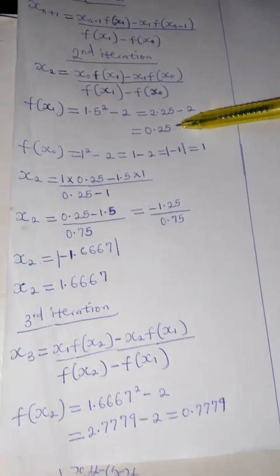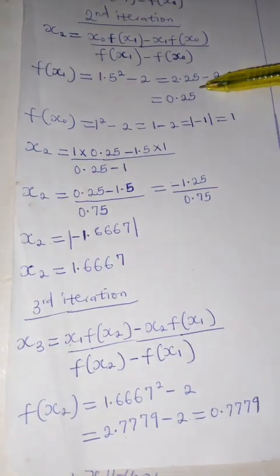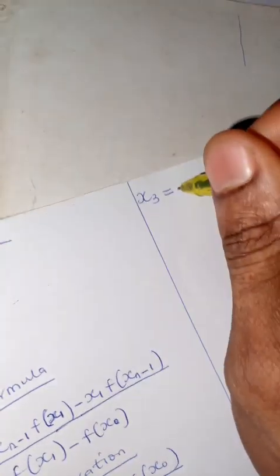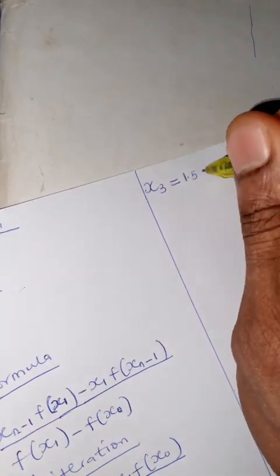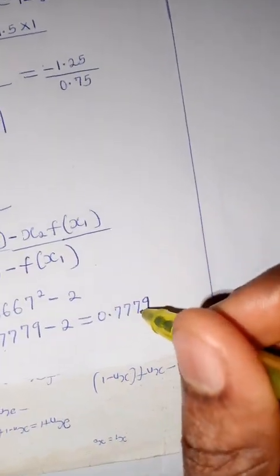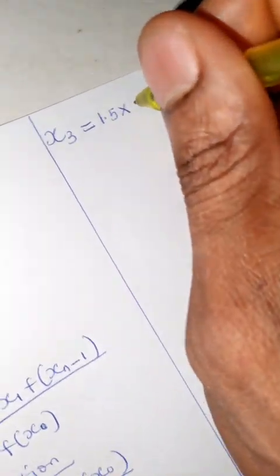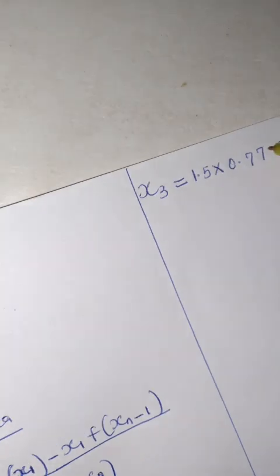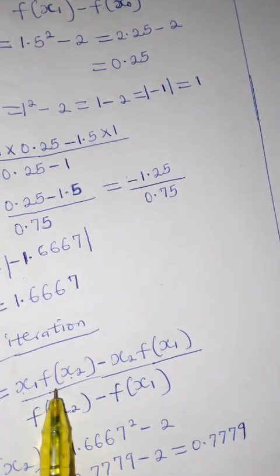So we are going to substitute this into our formula, such that x3 equal to, x1 is 1.5, times my f of x2, which is 0.7779, minus.